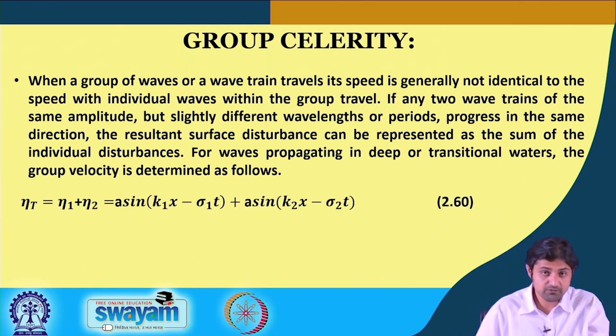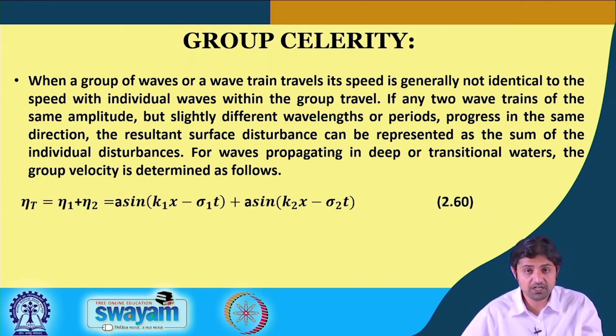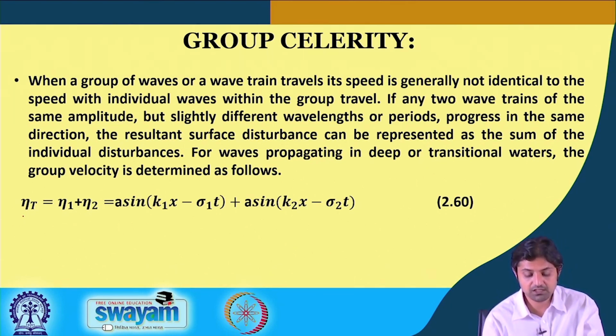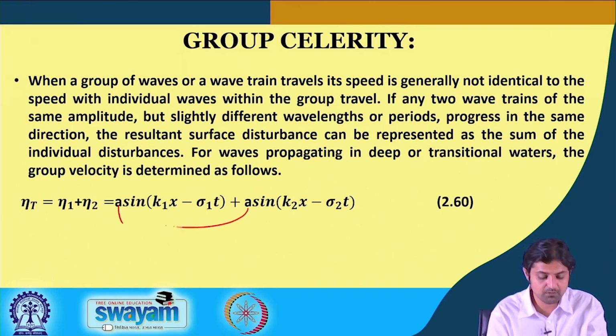There will be superposition of eta 1 and eta 2. So we can simply write the combined eta as eta 1 plus eta 2 is equal to a sin(k1 x minus sigma 1 t) plus a sin(k2 x minus sigma 2 t), because we have assumed almost the same amplitude but different phases.